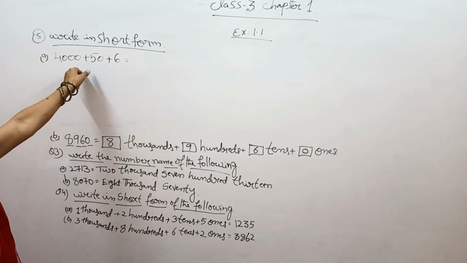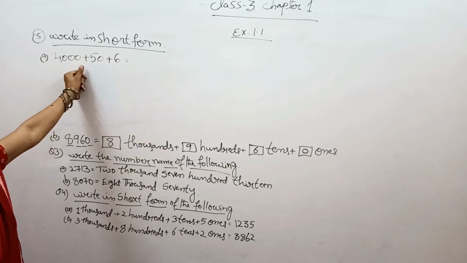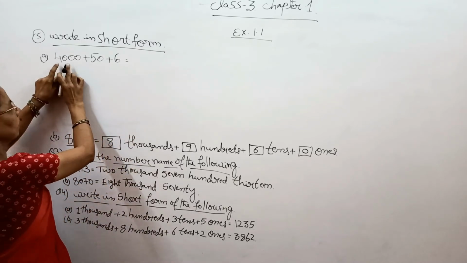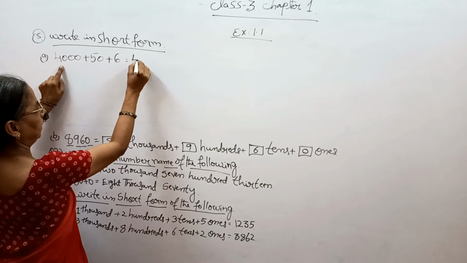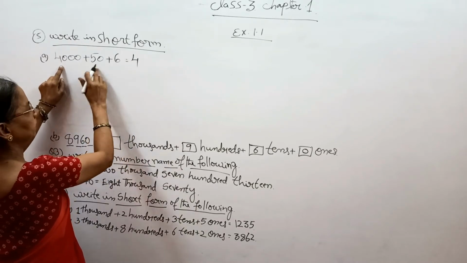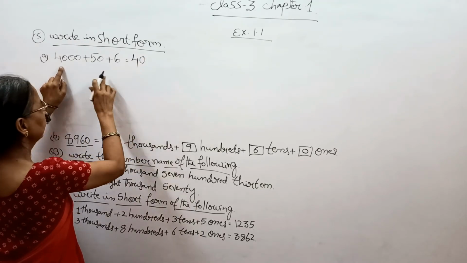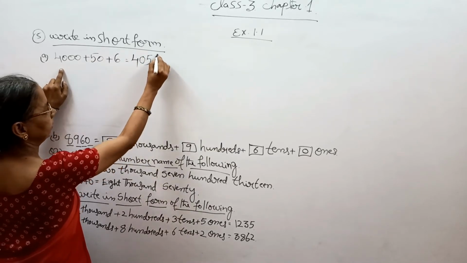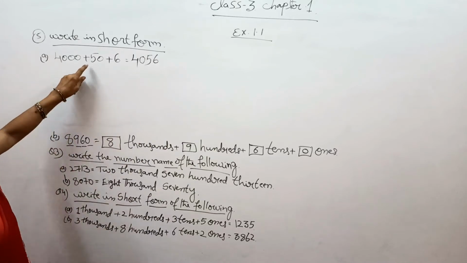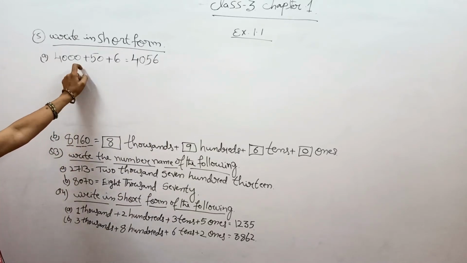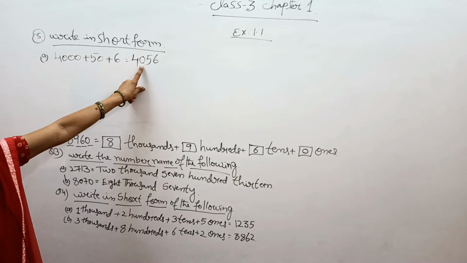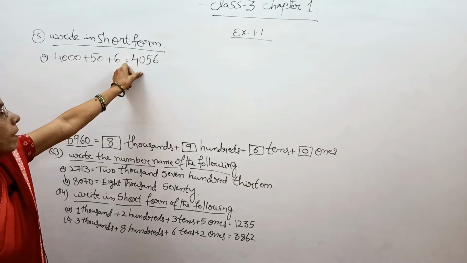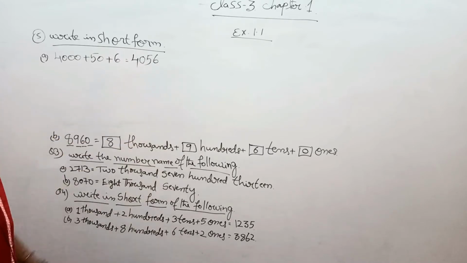लेकिन 100 प्लेस का कोई भी वैल्यू दिया हुआ नहीं है. तो हमें सिंपली क्या करना है, 4000 का 4 लेना है, 100 का प्लेस तो कुछ भी नहीं है तो वहां पे हमें 0 लिखना है, देन 10 प्लेस का 5 लिखना है, 1 प्लेस का 6 लिखना है. जो नंबर जिस प्लेस का वैल्यू नहीं दिया हुआ है वहां पे हमें सिंपली 0 लगाना है, तो जिससे वी हैव टू राइट द नंबर in the right way.